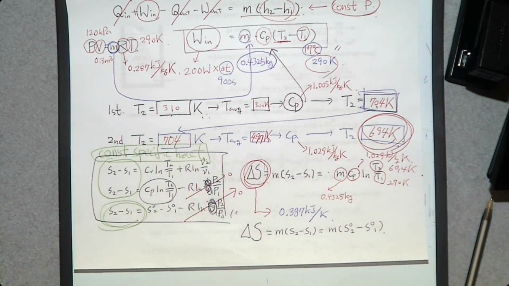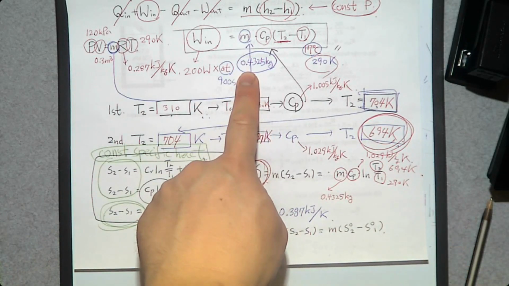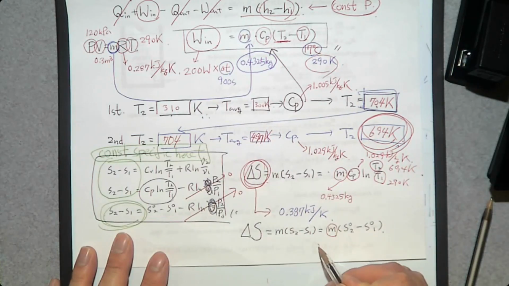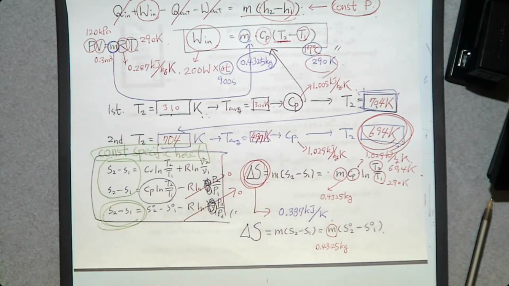We already know the mass of the system from this ideal gas equation. So that is 0.4325 kilograms. So we just need to find S degree. Where can we find S degree?